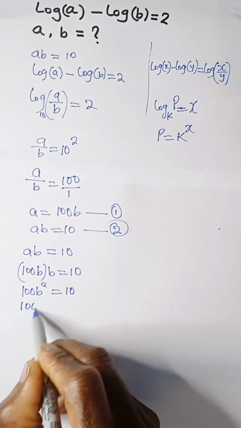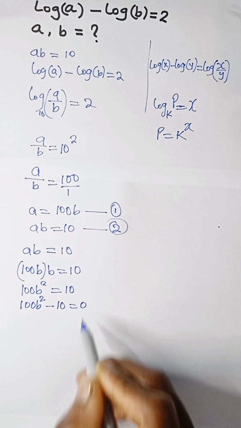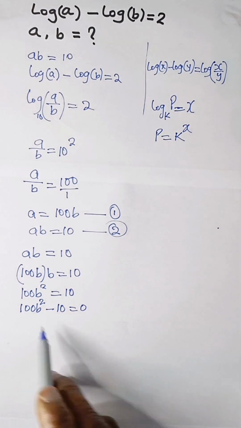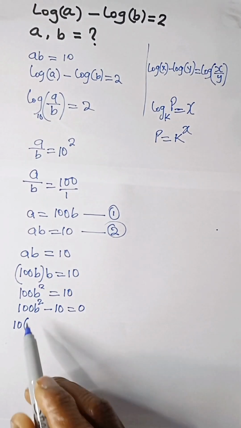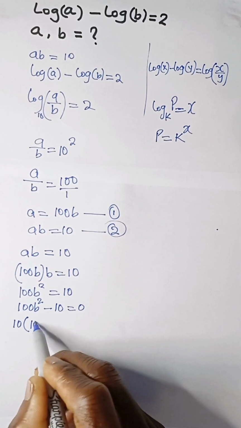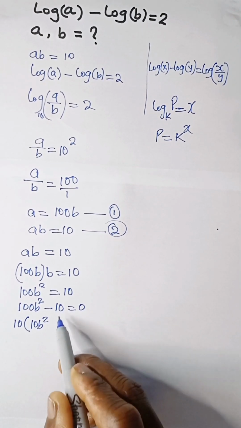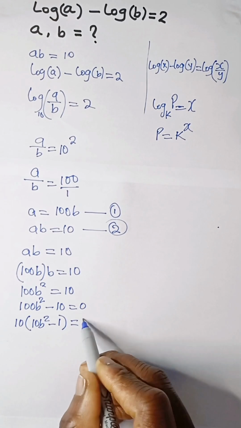We have 100b squared minus 10 is equal to 0. We can factor out 10. So let us factor out 10. We have 10 times 100b squared divided by 10, this is going to give us 10b squared. And 10 divided by 10 is going to give us 1. So we have minus 1. And this is equal to 0.